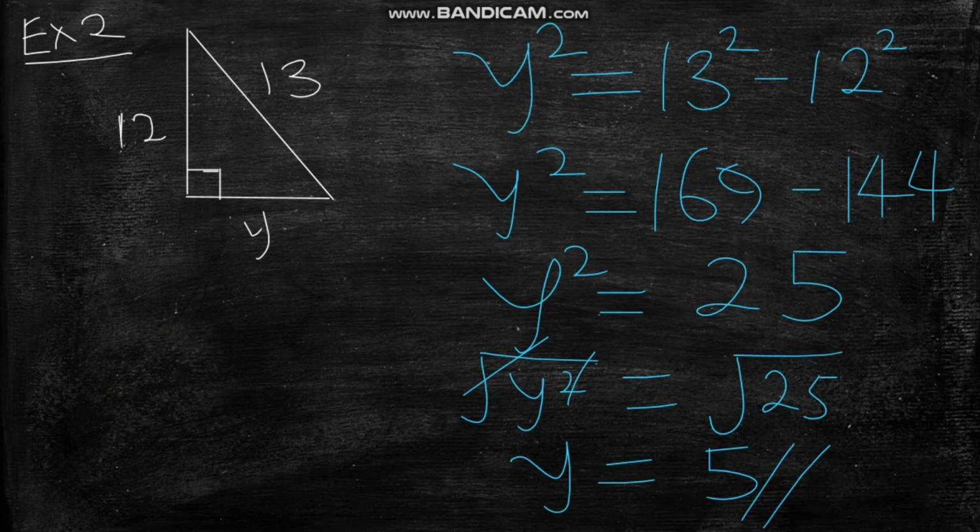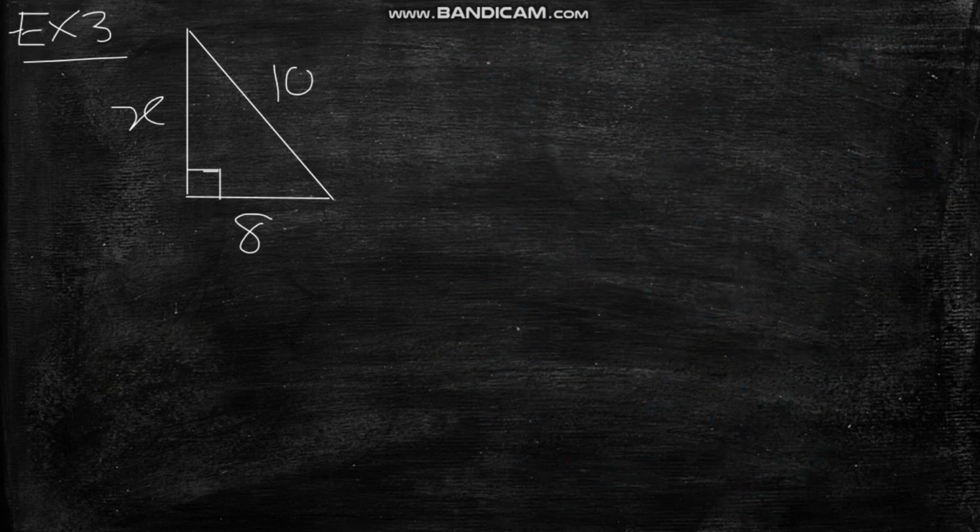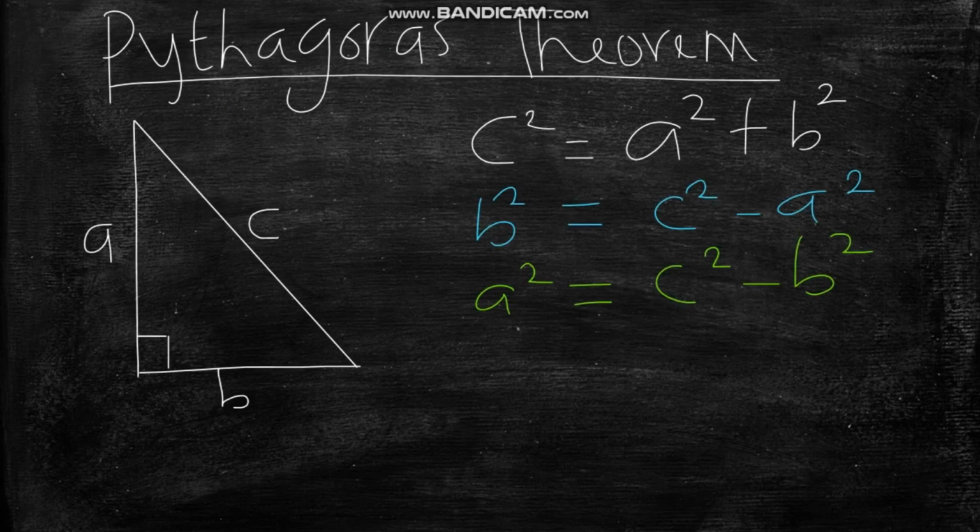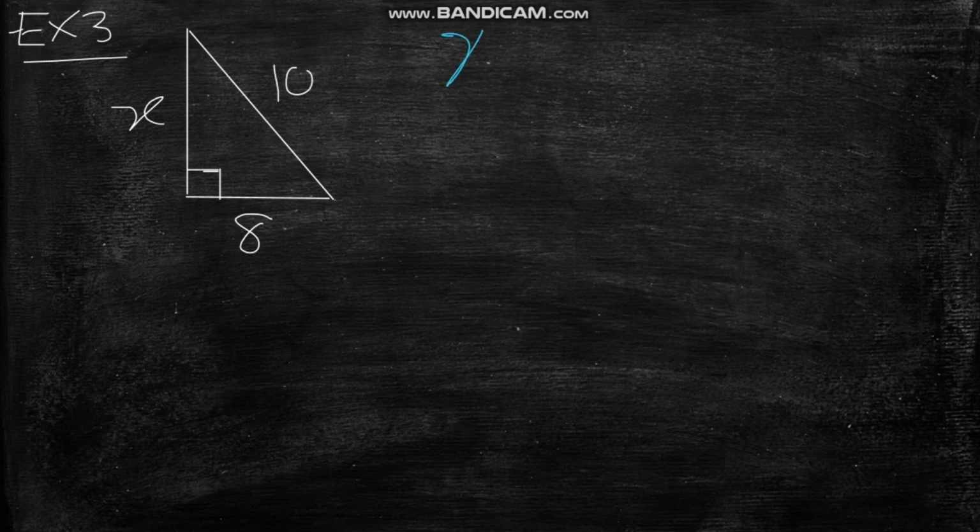And then the last example. Now we're finding the height, vertical height. So to do that, we'll make use of the third deduction from the Pythagoras formula. So x squared is equal to the square of the hypotenuse minus square of the other given side.